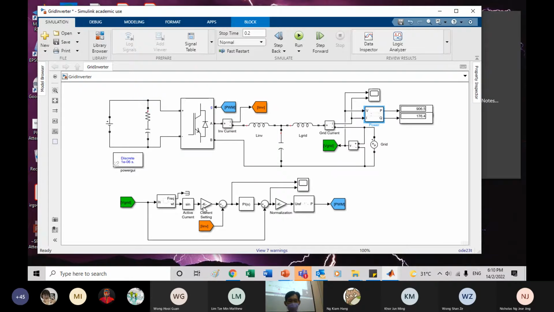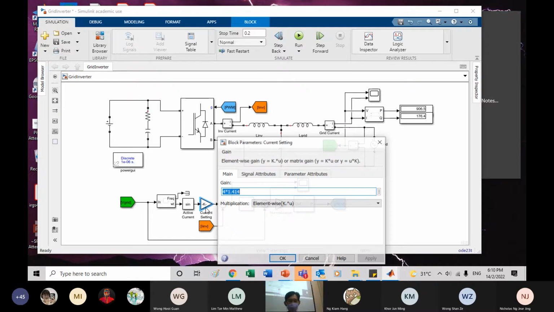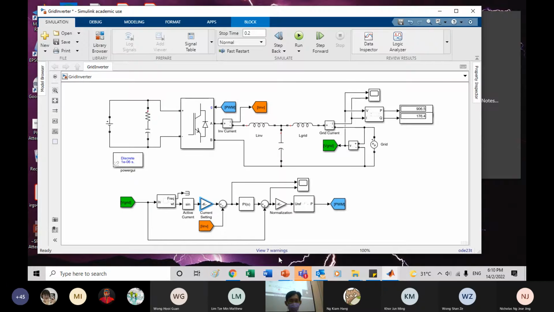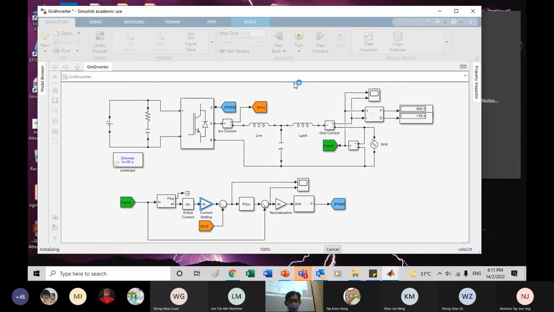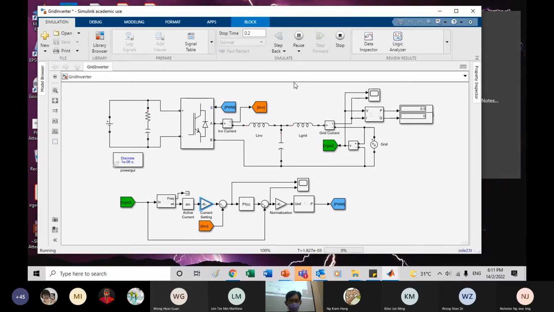So, for example, if I set this to a higher current, let's say I set it to 8. You can see the power now goes up to 1,102, right? Because I increased the current.